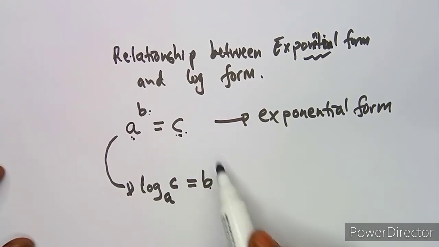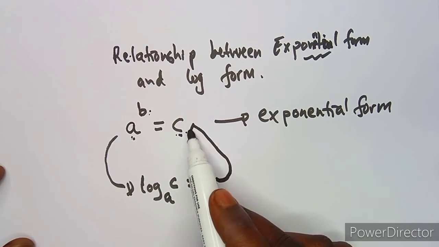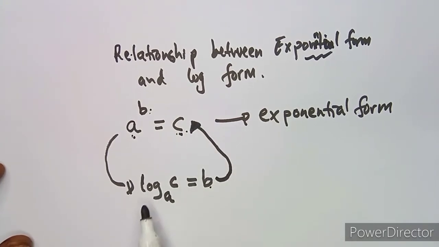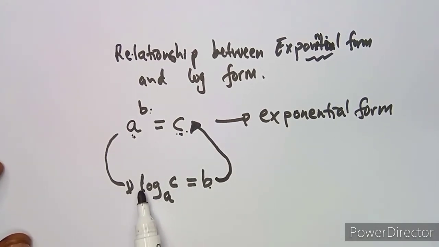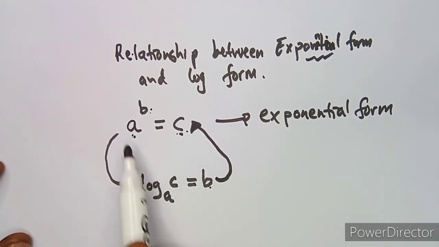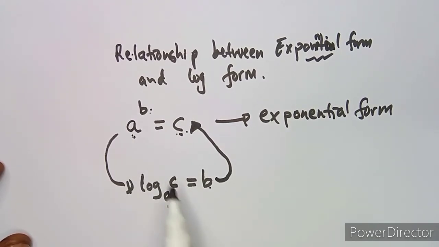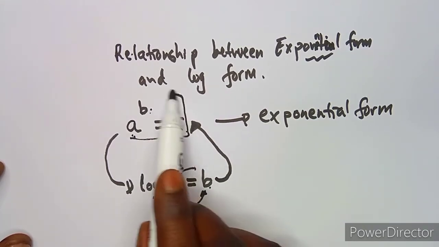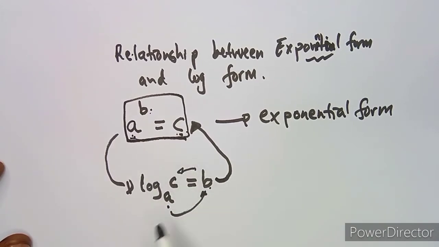So you can also convert back from log form to exponent form. If you are given log c base a is equal to b, you can write it as a to the exponent of b equals c in exponential form. These are the two forms you can write.